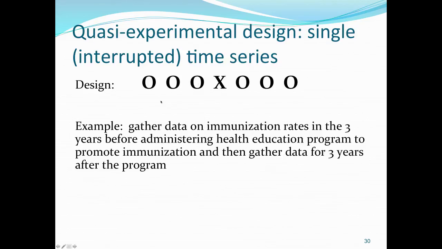If some event occurred between the first and the second O, you would have picked it up already before your program ever got started by seeing the change in these two O's.